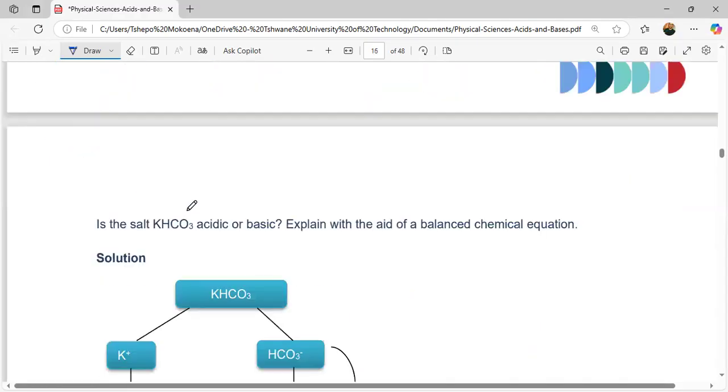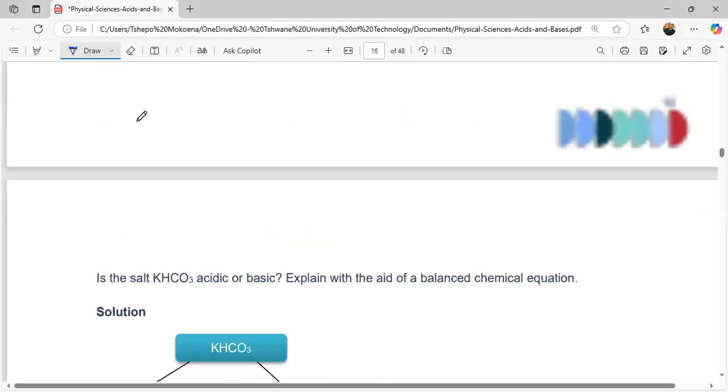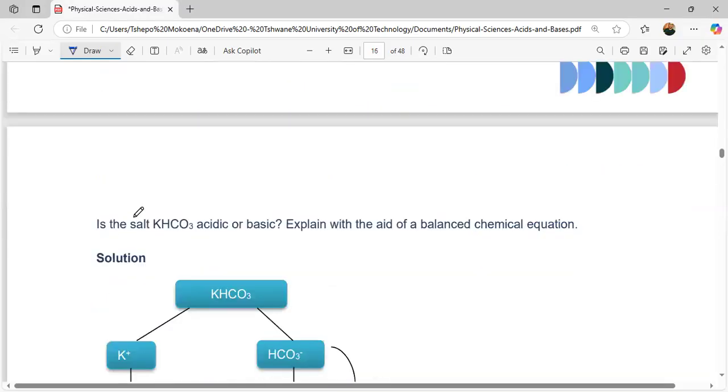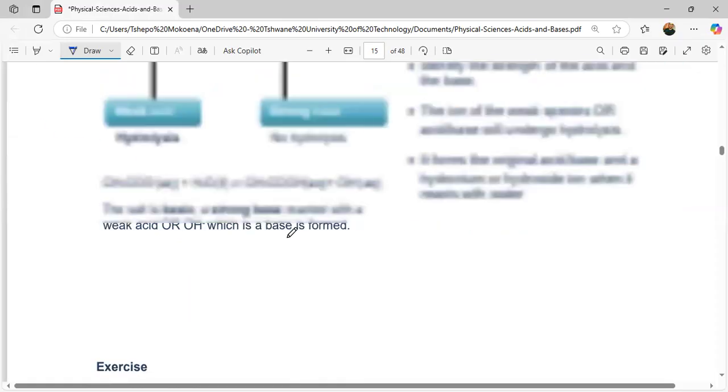So yeah, you see how they ask this question. Here's the exercise. They're asking, is the salt acidic or basic? Explain with the aid of a balanced chemical equation. When they say explain with the aid of a balanced equation, they mean this.